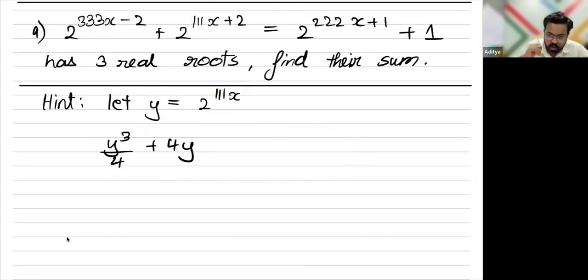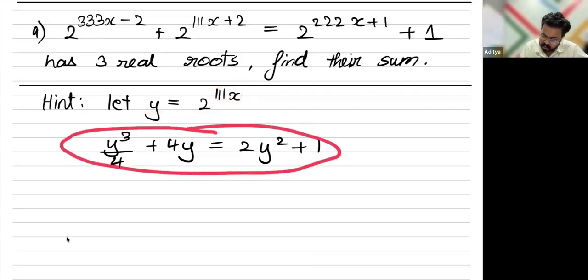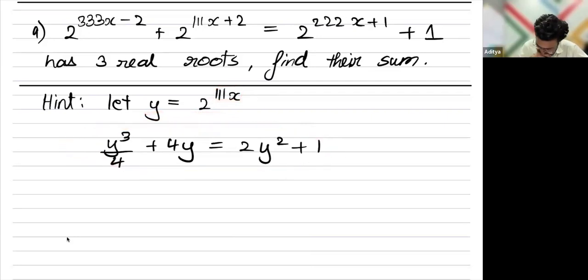Arav not correct, Saurabh not correct. 4y equal to 2y square plus 1. I hope this is the reduced equation that you get when you put y equal to 2 to the power x. Now think what can be done to find sum of roots.